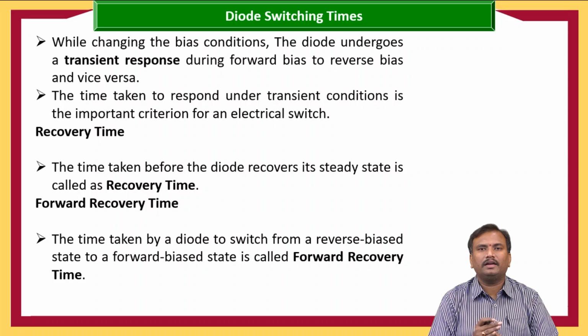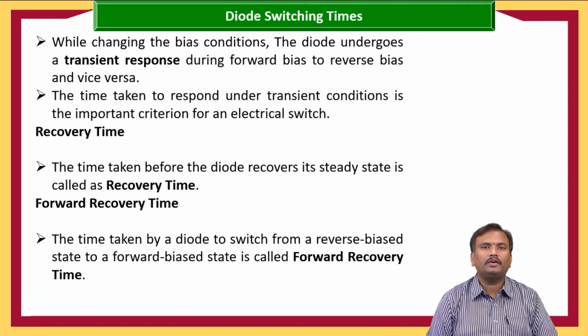Whenever we switch from on state to off state, transients affect it. In the same way in a diode, when shifting from forward bias to reverse bias or reverse bias to forward bias, there will be a transient response. It takes some time to respond to the input given. So the time taken to respond under transient conditions is an important criterion for an electrical switch.